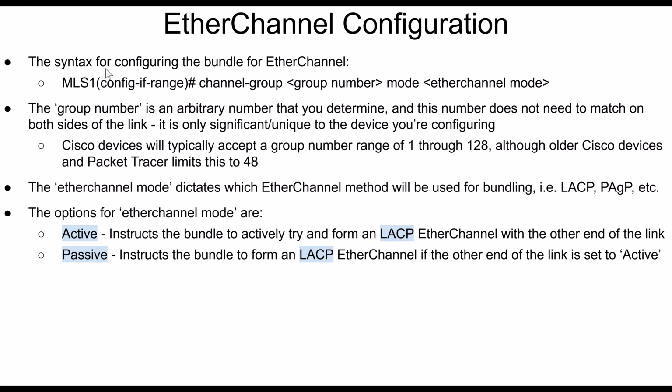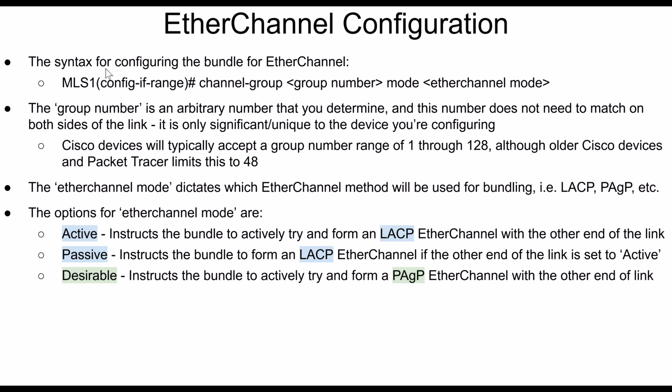Most people just use active on one end and active on the other end. Granted, LACP is going to send out information on both ends of the link because they're both set to active, trying to form an LACP EtherChannel link, but that traffic, in my opinion, is pretty minimal. So I don't think it's a big deal to put active on both sides of the link.